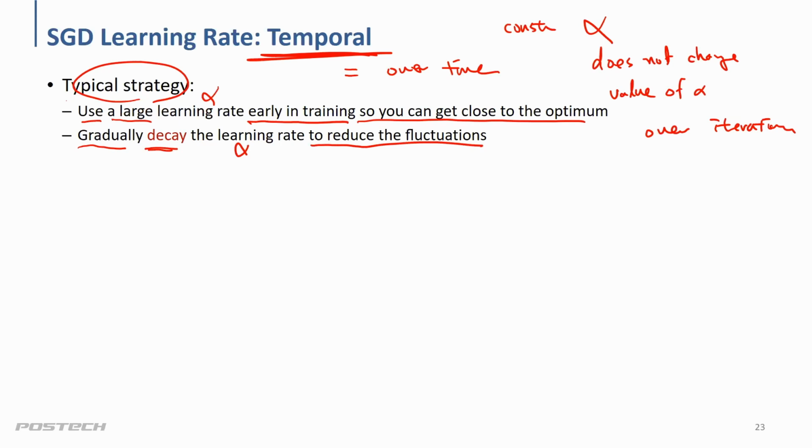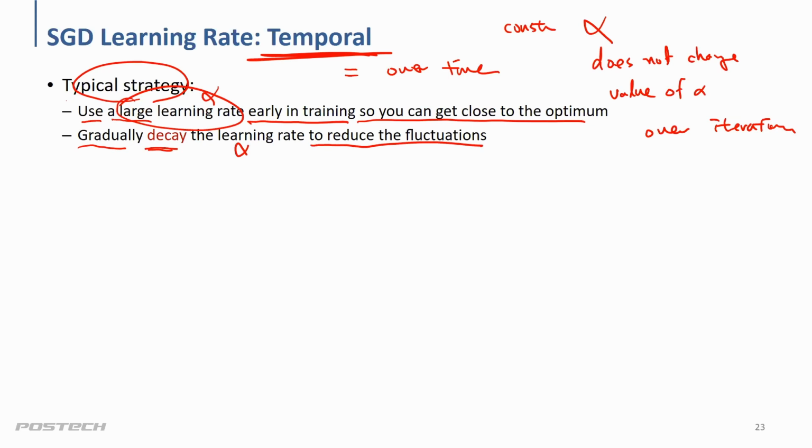So when you do iterations or training at the early stage, we pick the initial point randomly, right? So there is a lot of uncertainty. In that case, I want to jump around, so typically we pick a larger value of alphas to intentionally get some noisy directions.